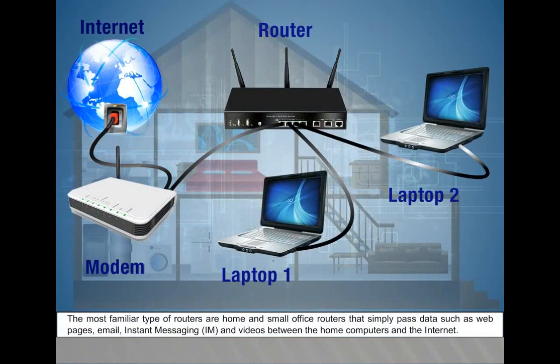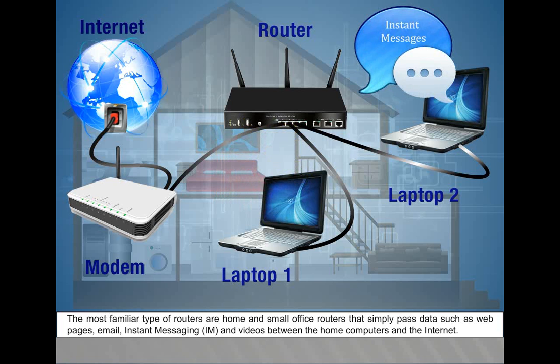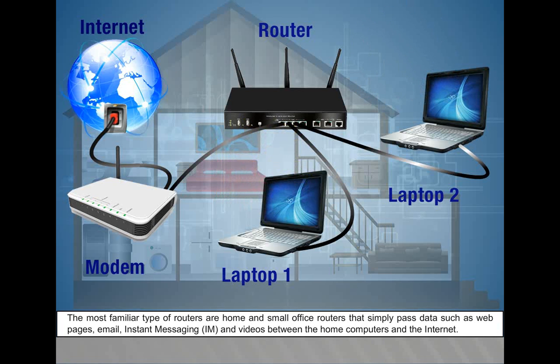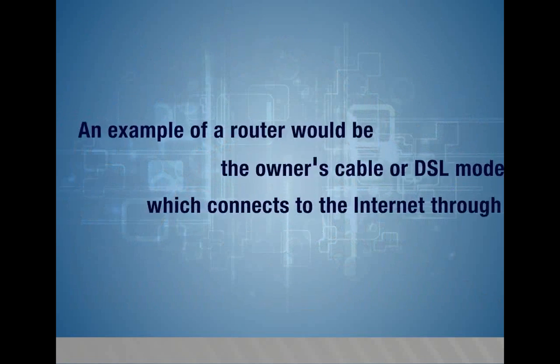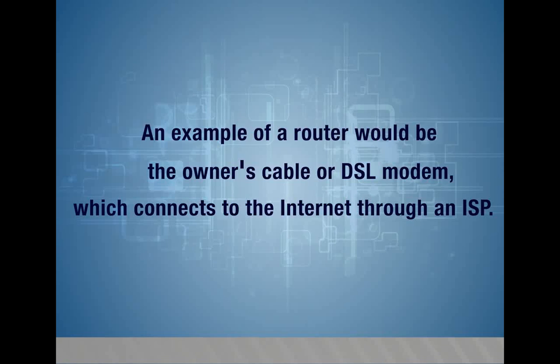The most familiar type of routers are home and small office routers that simply pass data such as web pages, email, IM, and videos between the home computers and the Internet. An example of a router would be the owner's cable or DSL modem, which connects to the Internet through an ISP.